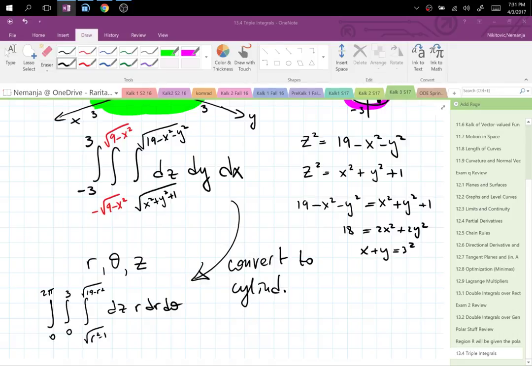If you are looking at the problems on page 1003, there are two shapes, problem 17 and problem 21, that are better off computed in cylindrical coordinates, which we are going to do next class, where all other problems there are definitely set up and done as x, y, z, and integrate and so on.